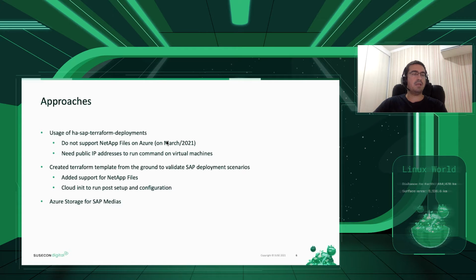We also tried not to use public IPs on those servers, because this Terraform automation requires public access, since you need an SSH connection to make some of the customizations needed in the virtual machines.